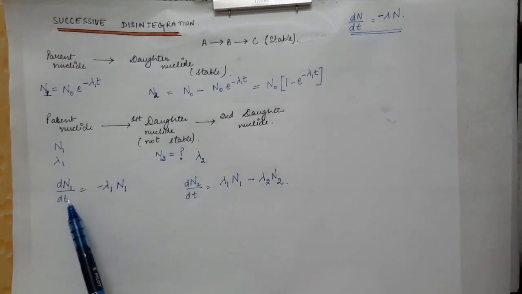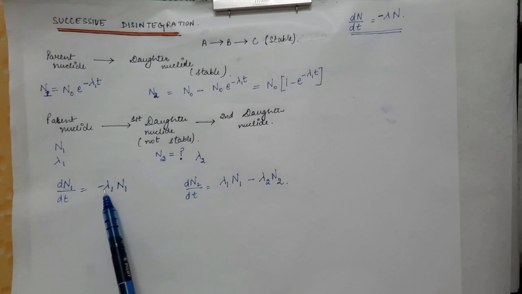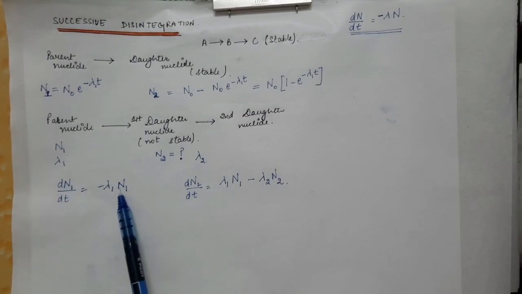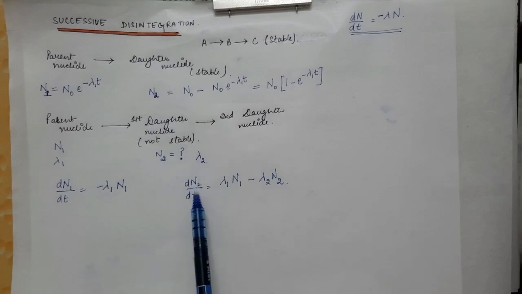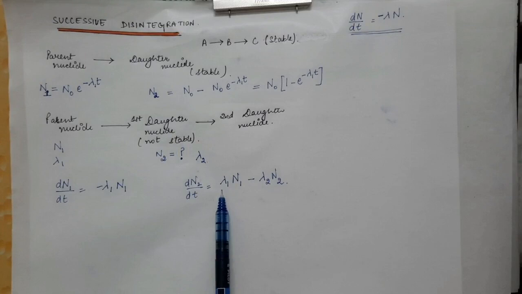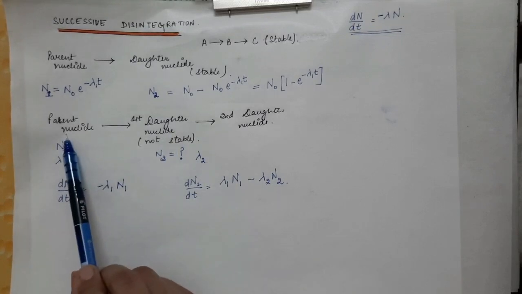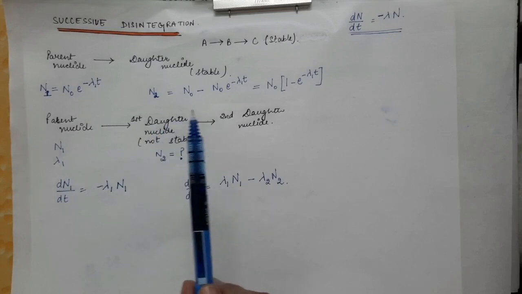So dN1 by dt will be equal to minus lambda 1 into N1 for the case of the parent nuclei, where N1 is the number of parent nuclei present in the sample at time t. The rate at which the daughter nuclides are formed will be equal to plus lambda 1 into N1, because if the parent nuclei is decaying, the daughter nuclei is getting formed.